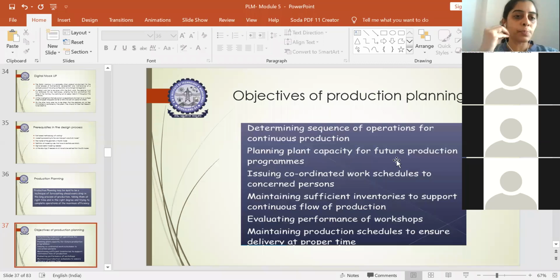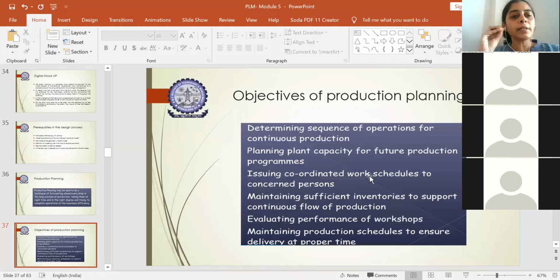It is not like just making the planning on a sheet of paper and throwing it. This is the planning strategy. No, he has to do it in actuality by surveying the entire plant capacity also. Once the planning of the plant capacity is done, he has to come back to the work schedule. Based on the plant capacity, who will be working, who will be the head of the department, who will be doing the supervision part of it. Under the supervisor, who will be the persons working in actual?